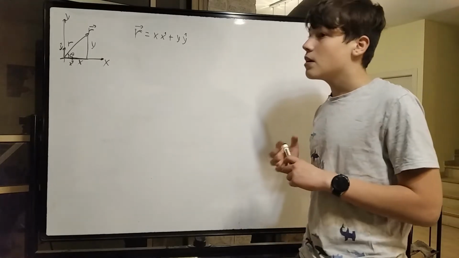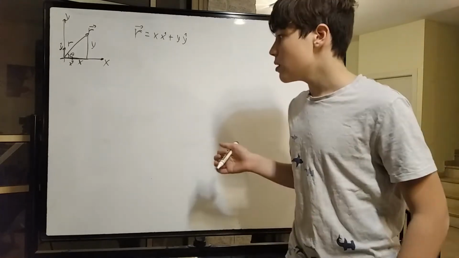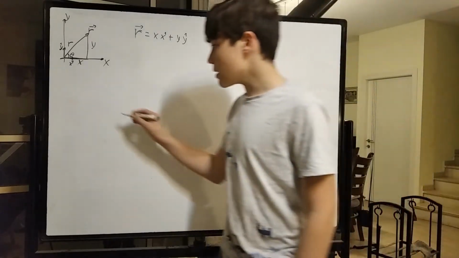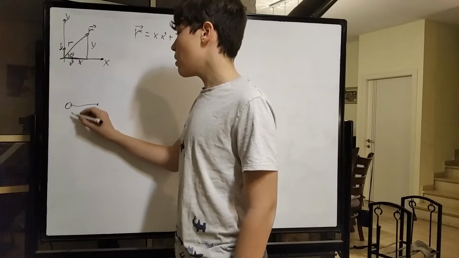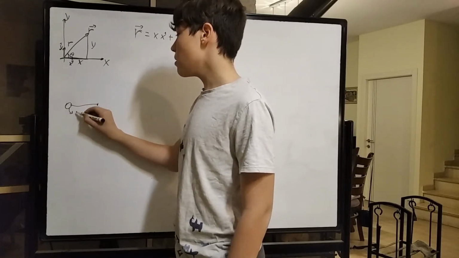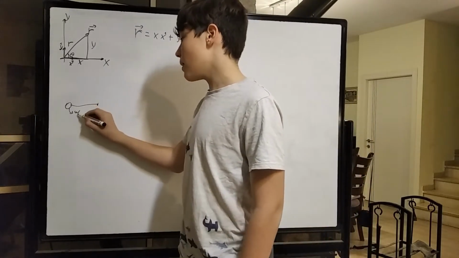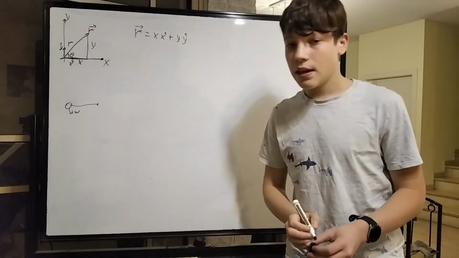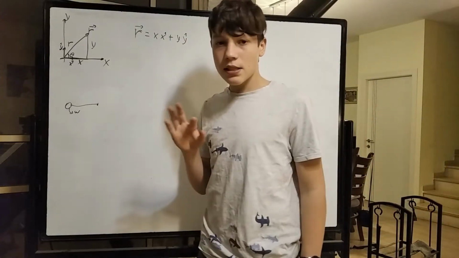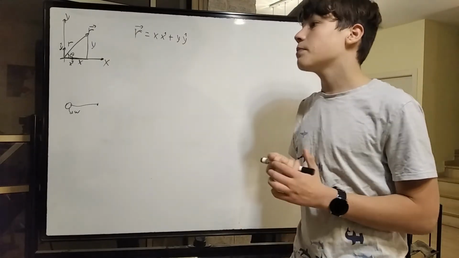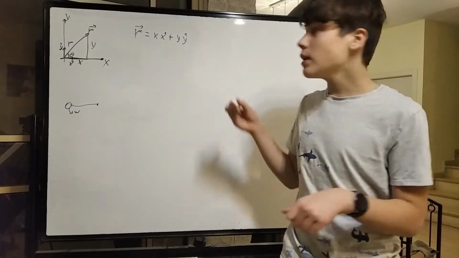But sometimes you have a problem that's talking about circular motion. So let's say you have some rope attached to a ball, and that ball is spinning at an angular velocity omega, and let's say it's constant, and we want to solve for the exact position of the ball, ignoring gravity, and sometimes even with gravity.